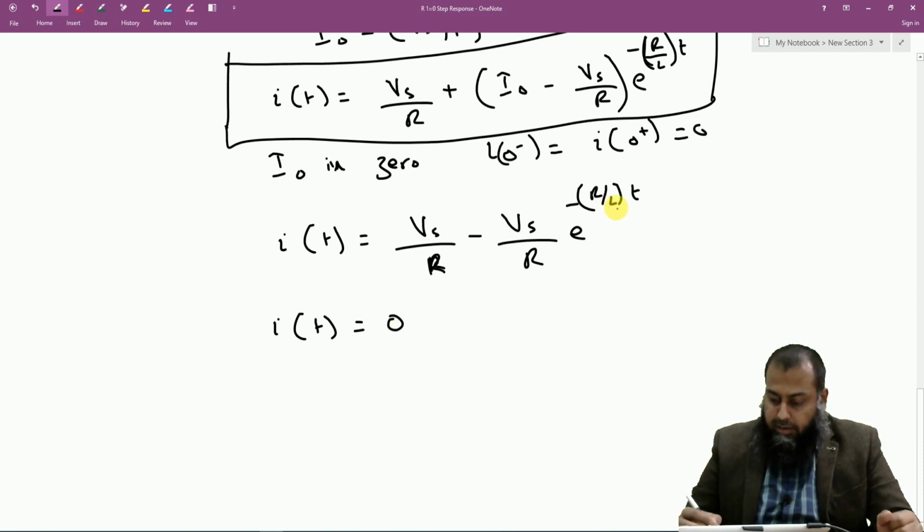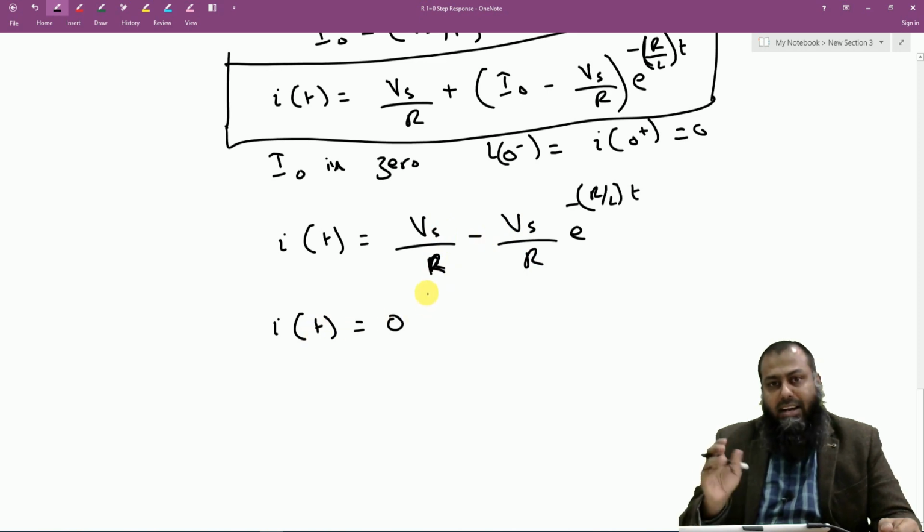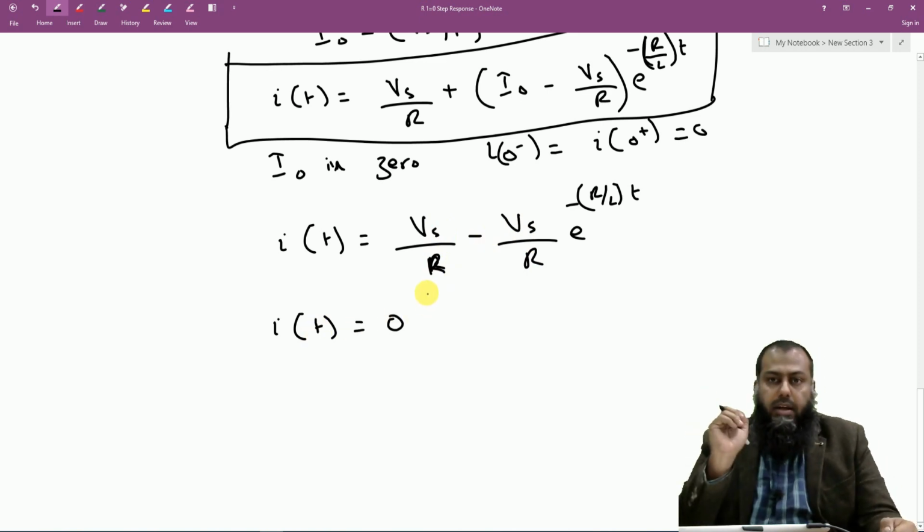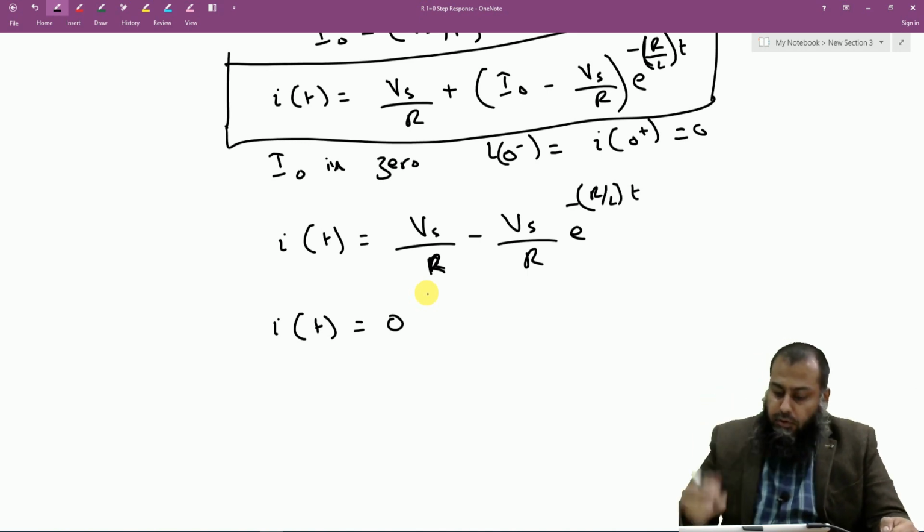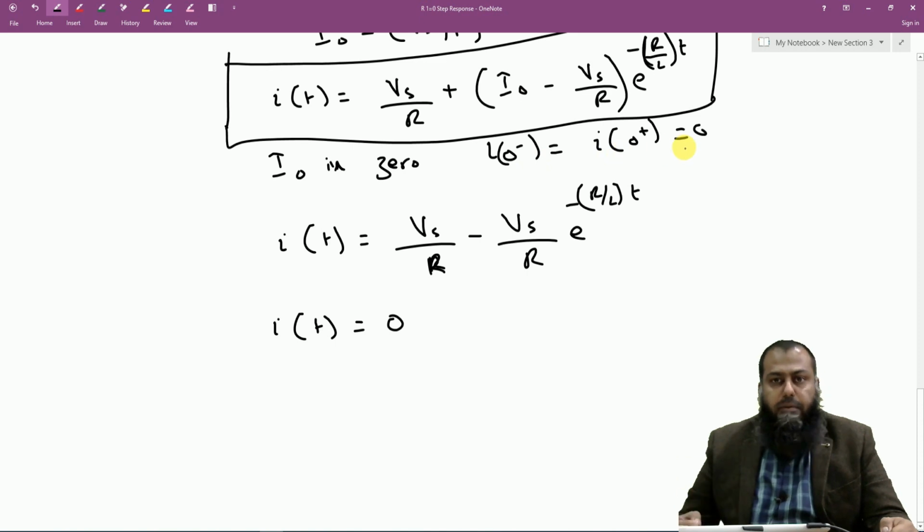If I plug in t equal to 0, then e raised to 0 is equal to 1, which gives me Vs over R, and Vs over R is cancelled. So i(t) at time t equal to 0 is equal to 0. This shows the property of an inductor, which opposes sudden change in current, and therefore I0 negative is equal to I0 positive is equal to 0.